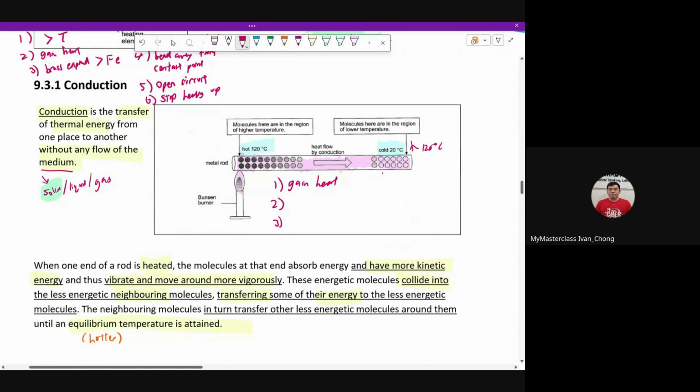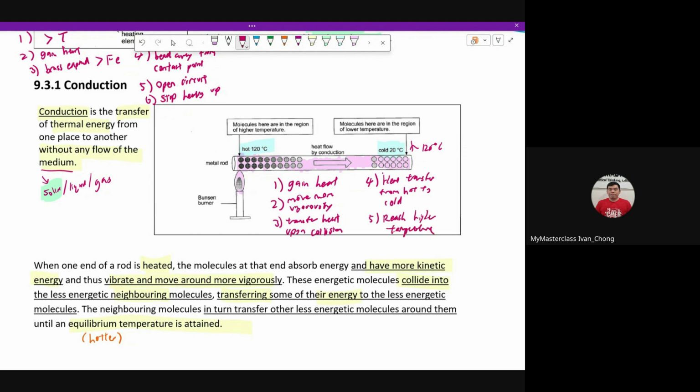When you gain heat, you move more vigorously. You transfer heat upon collision. Then heat transfers from hot to cold, and you reach a higher temperature.